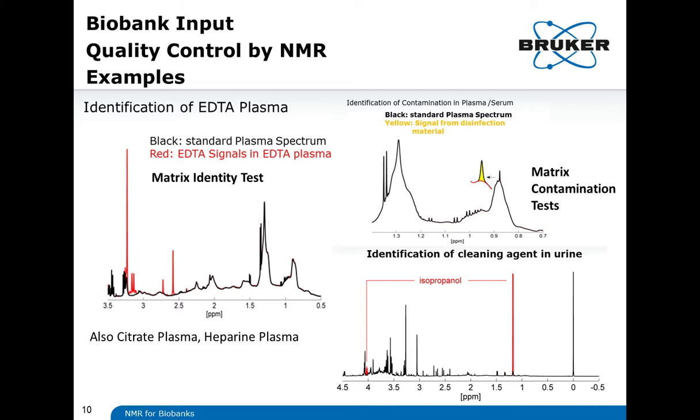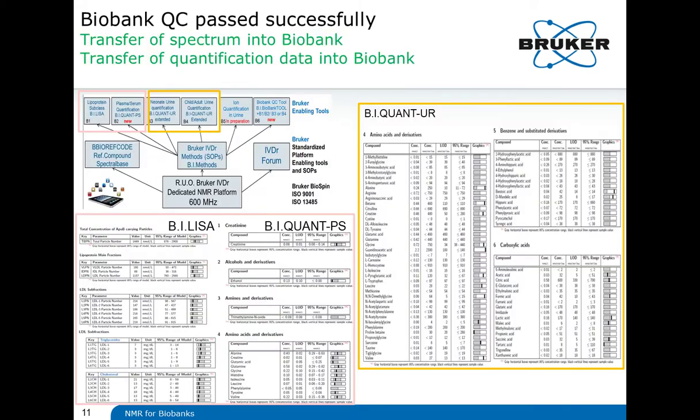We have taken care of that in NMR, but if you have other tests, then of course it is important to know that there is disinfection material, like in this case, for example. Or we have, for example, cleaning agents in urine, like isopropanol. On the left side, in the spectrum, we can see how we identify, for example, whether this is an EDTA plasma.